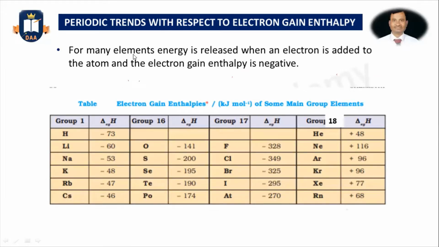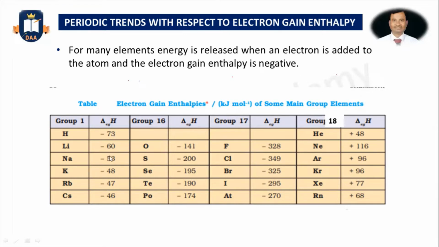For many elements, energy is released when an electron is added to the atom, and the electron gain enthalpy is negative. That means when energy is released during the adding of electrons to the atom, this is exothermic because energy is released, and then that electron gain enthalpy is negative.